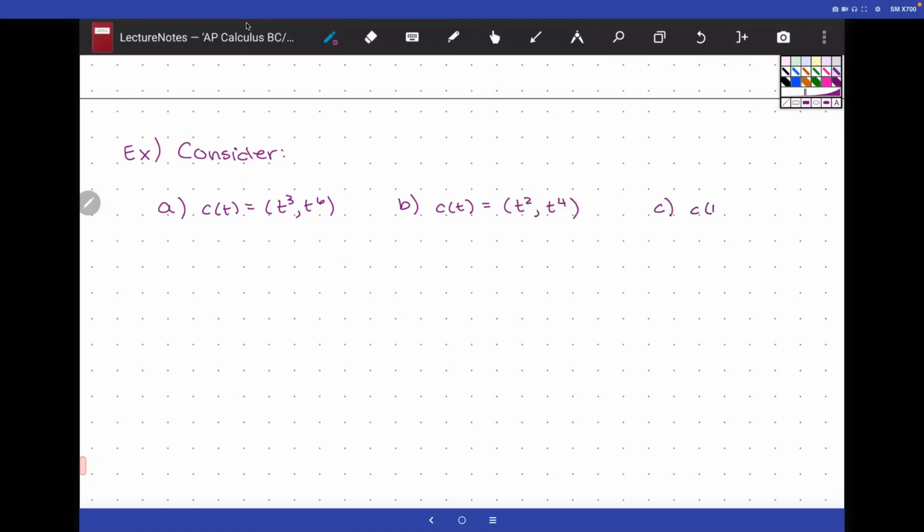And we're going to look at C of t being cosine t, cosine squared t. I'm not going to put any restrictions on t. Therefore, t can be anything. T is all real numbers. First thing I want you to do, eliminate the parameter on all 3 of those.